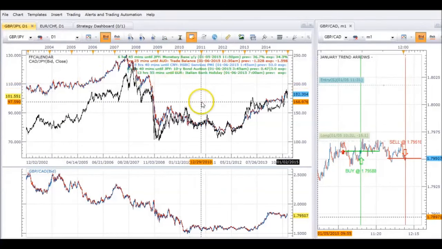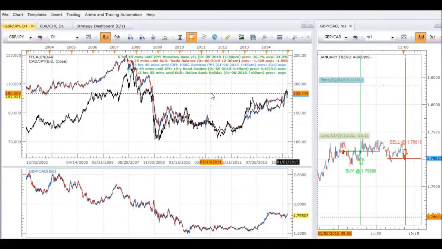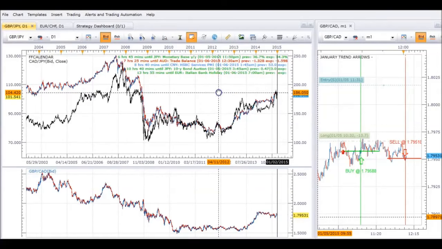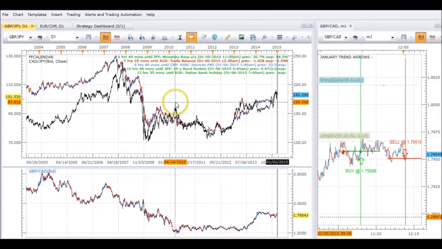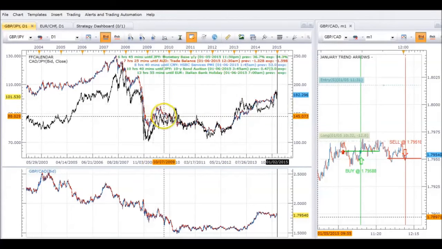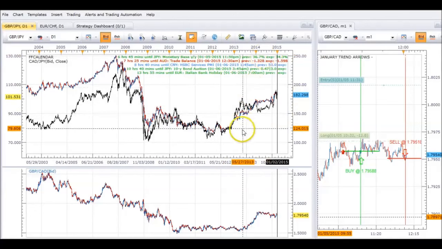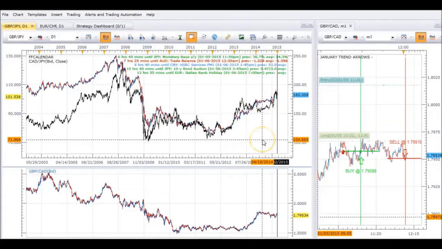And what you need to do when you're correlation trading is go back and check these things once a week or once every 2 weeks, just to make sure that they're still correlated and not becoming uncoupled. What I mean by becoming uncoupled is when two currency pairs are correlated, then for some reason one goes up and one goes down for an extended period of time, they become uncoupled.